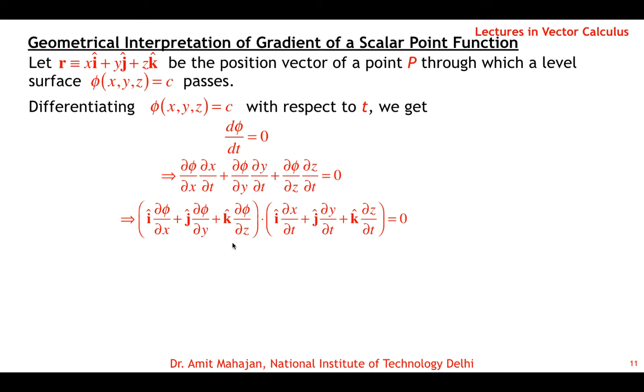Now the first term in the bracket, you can see, is the gradient of the function phi, and in the second bracket the partial derivative with t will go outside, and the rest is the position vector, so it is dr by dt. So we can easily rewrite this as the gradient of phi dot dr by dt equal to 0.